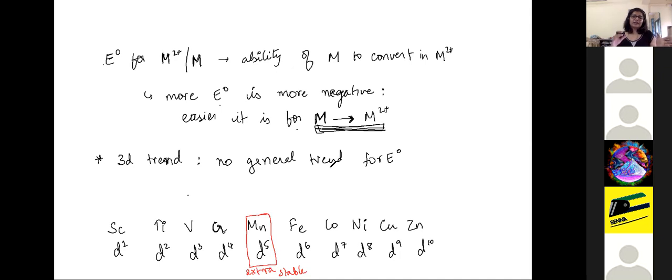The reason why it is varying up and down, why there is no general trend, is, one reason, that you have half-filled and fully filled subshells.